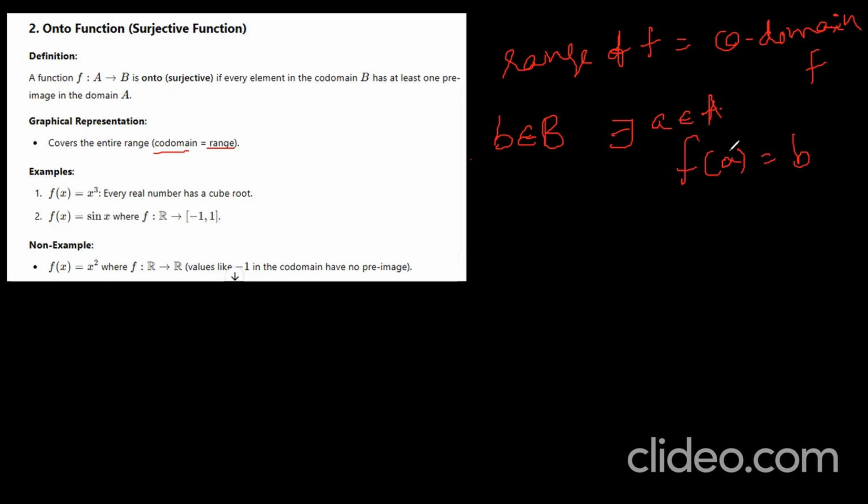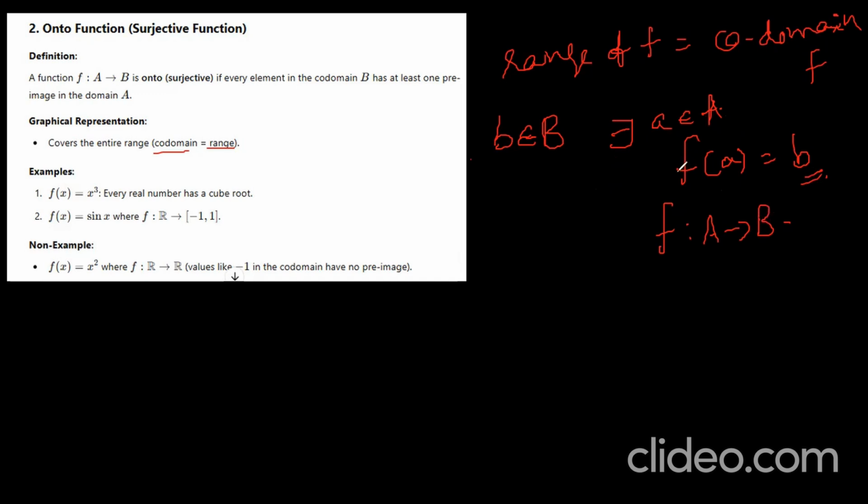You understand? Then f maps A into B is a surjection. So for each b belongs to B, there exists a belongs to A, f of a becomes b, then f maps A into B is a surjection.